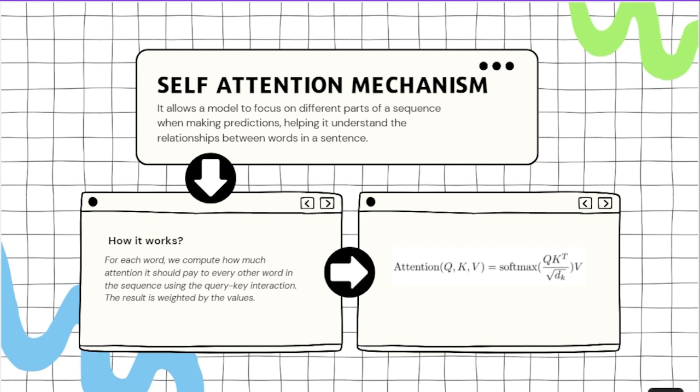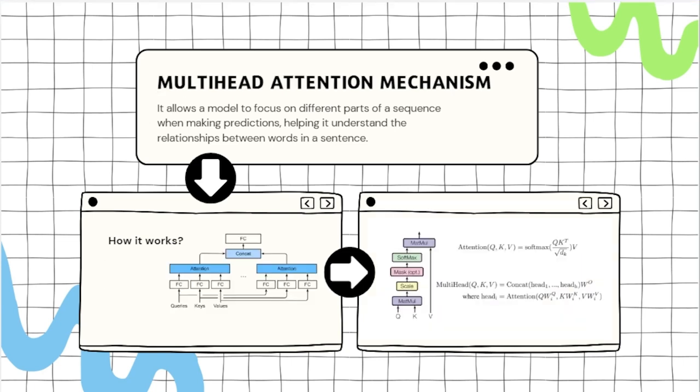Now let us look at the multi-head attention mechanism. This mechanism basically uses multiple self-attention mechanisms and concatenates them to get our final value. As this diagram shows, there are multiple self-attention mechanisms and they are all done simultaneously, and then they are concatenated to find the final value.